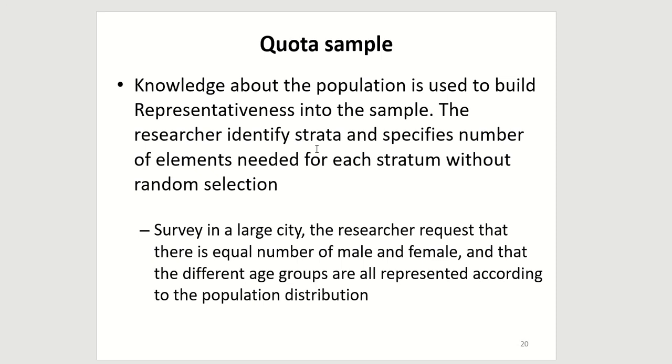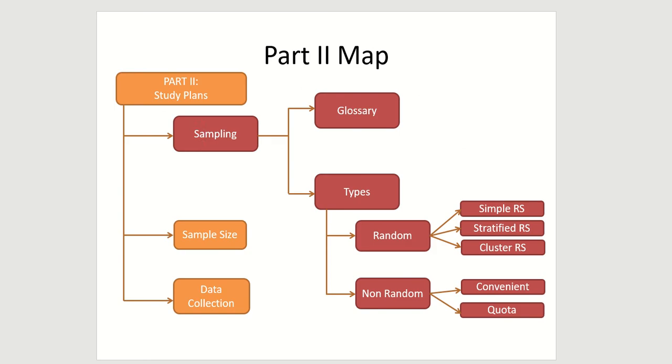They have a lot of statistics on the Lebanese population in terms of age, gender, distribution, and in what area they're present, etc. So you can use that. So that concludes sampling. We talked about the definitions, the types, random and non-random, and all the different types of samples.